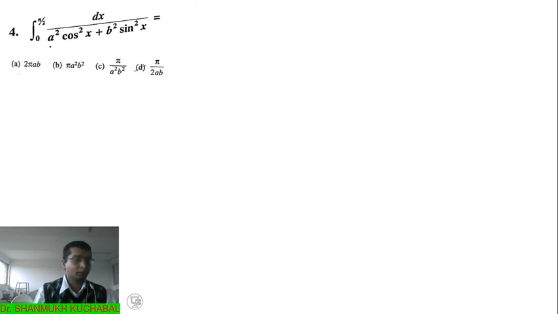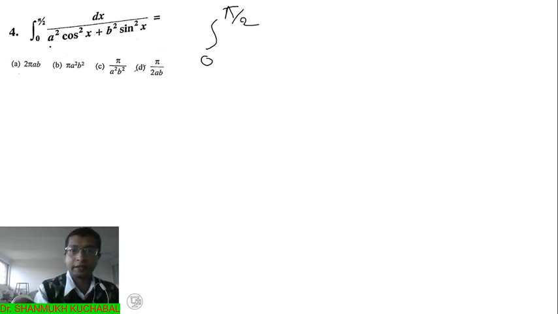Further we move to our next example. It is the integration from 0 to pi by 2 of dx divided by a square cos square x plus b square sin square x. It is a standard function.